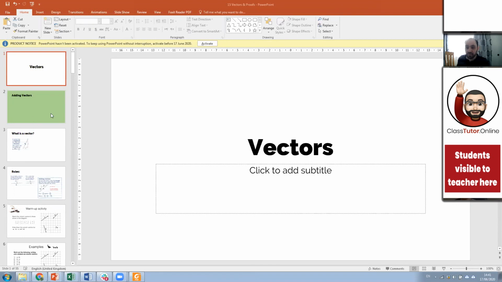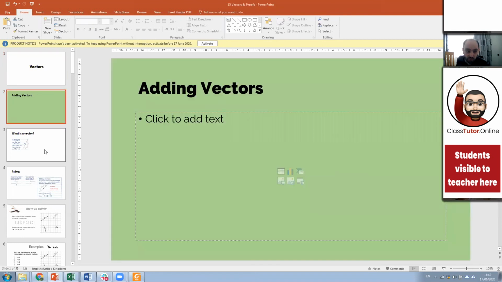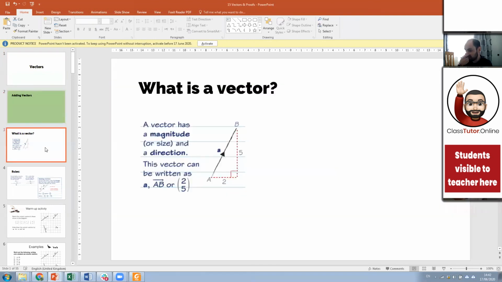So firstly, we're going to look at adding vectors and just what is a vector, etc. So what is a vector? A vector is basically where you go a certain distance and a certain direction, okay? So you're going this length, whatever this length is, and you're going in that angle, in that particular direction, okay?